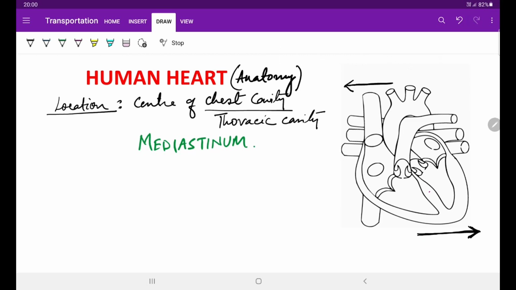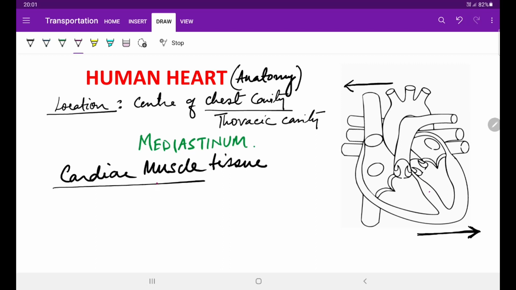The heart is a muscular organ and it is made up of a special type of muscular tissue, that is cardiac muscle tissue. The unique feature of cardiac muscle tissue is that it never gets fatigued.